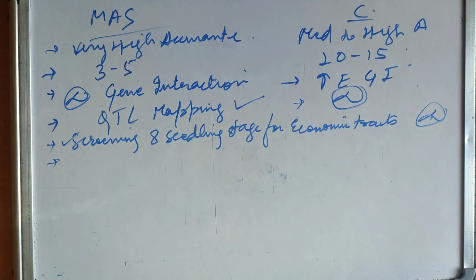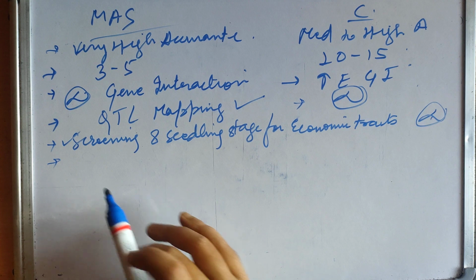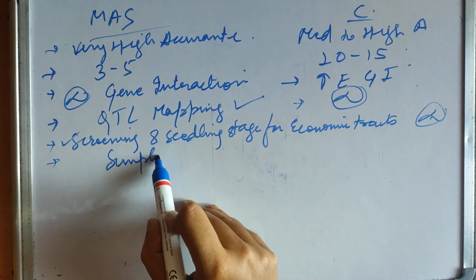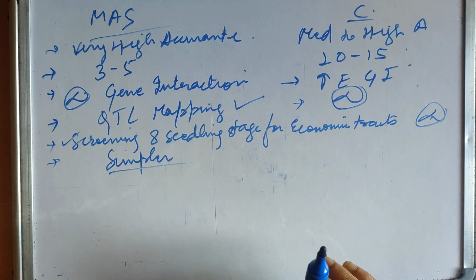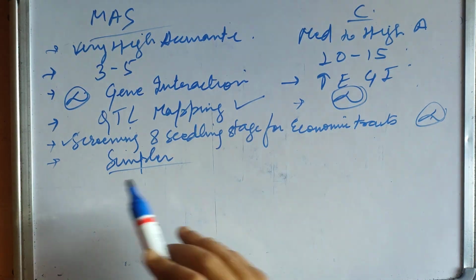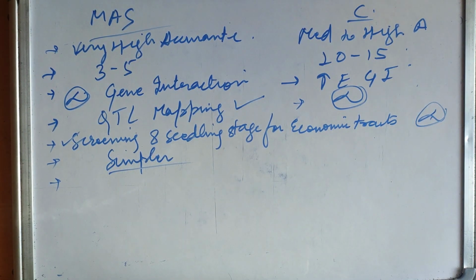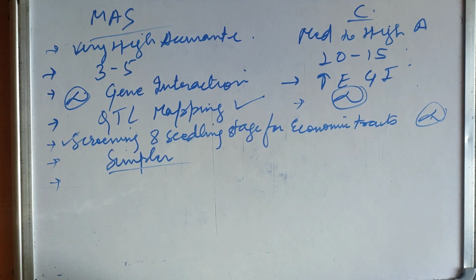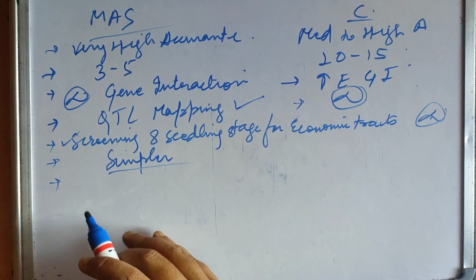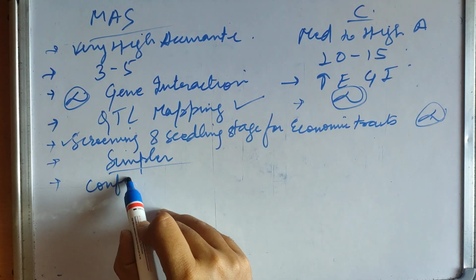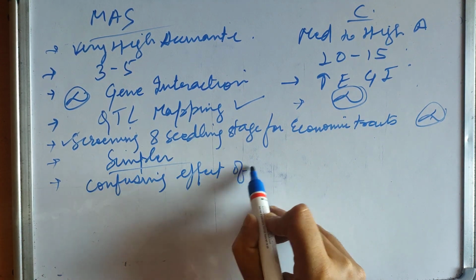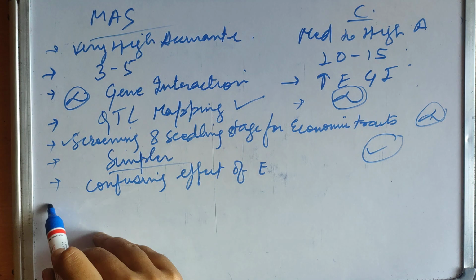Moving on, here it is a simpler process. Although it requires a specialized lab, it is a simpler and shorter process compared to the conventional process. It avoids the confusing effect of environment, but in conventional there is high impact of environment.